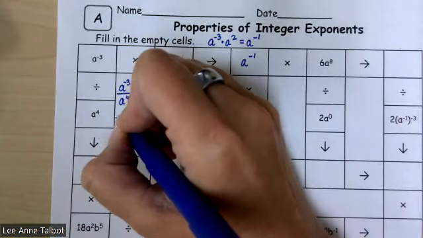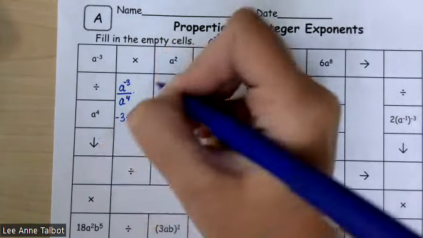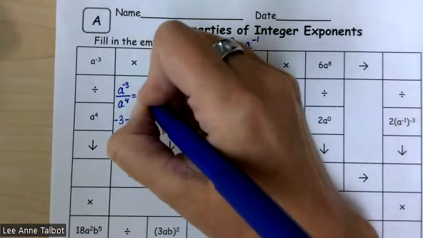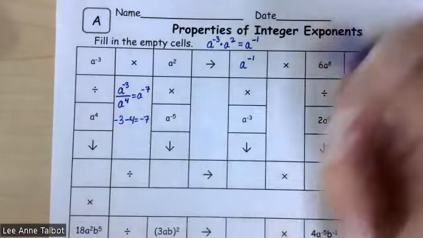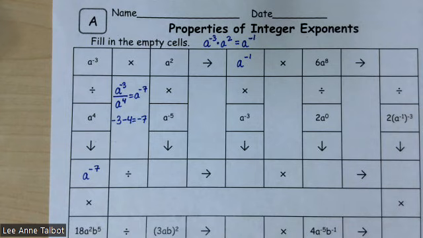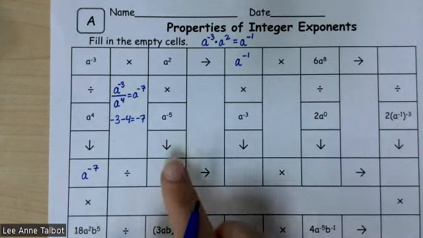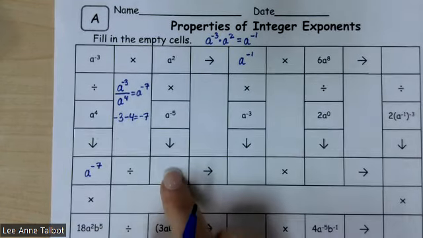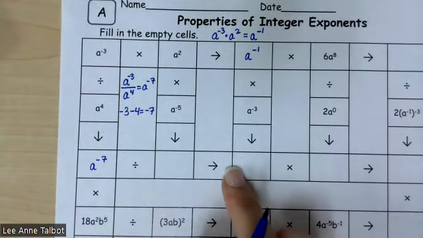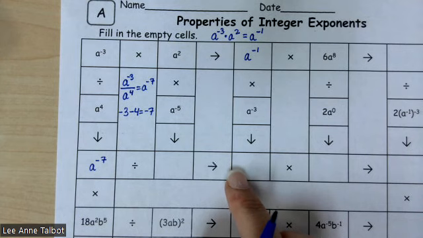So what is negative 3 minus 4? Negative 7. So this is a to the negative 7. And that goes there. Do you guys see how the puzzle works? And then if you're doing it correctly, this problem should come out here and match the answer here if you know you're doing it right.